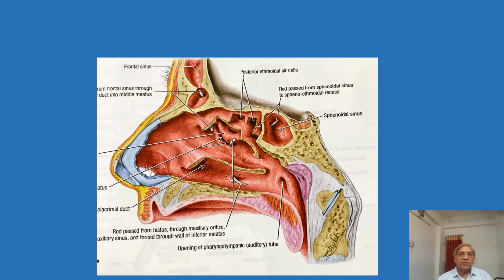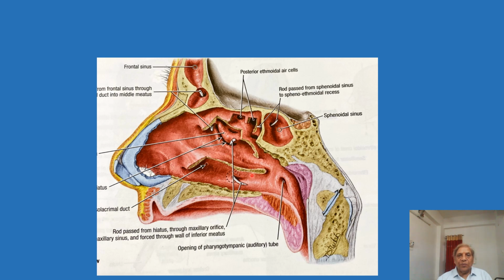Most anteriorly is the frontal air sinus; you can see this probe going into the frontal air sinus, into the anteriormost part of the hiatus semilunaris. In the middle part there is the opening of the posterior ethmoidal air sinus, while in the posteriormost large area there is the opening of the maxillary air sinus.